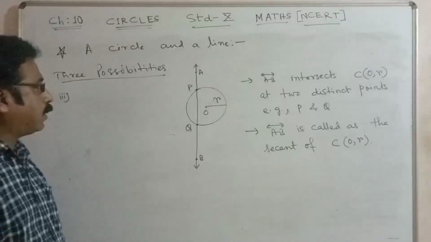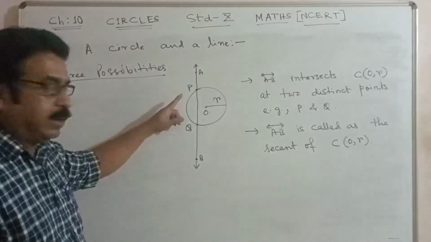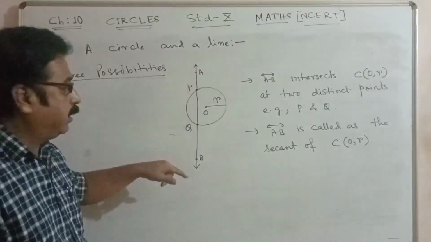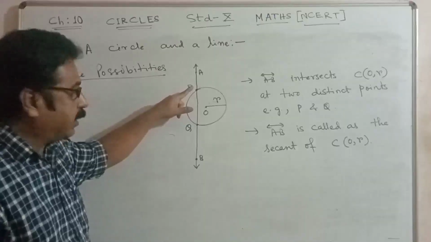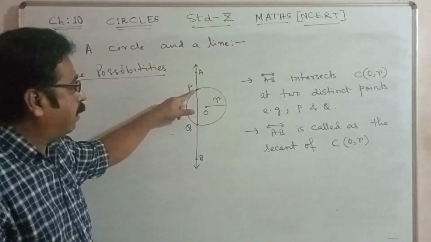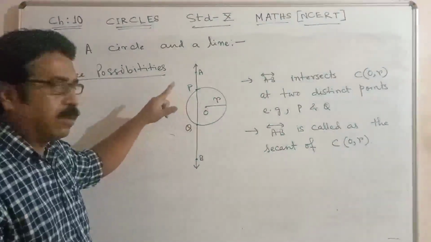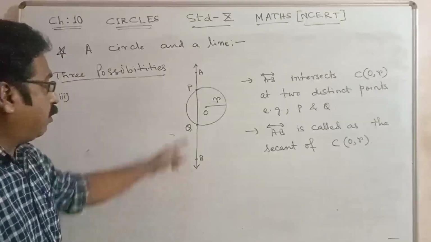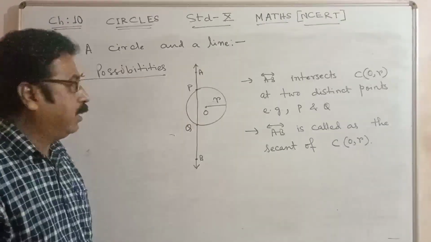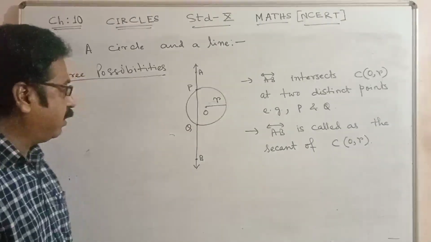So now we can ask one question. A secant can intersect a circle at 2 points or more than 2 points? For 2 points it is possible, but more than 2 points it is not possible.